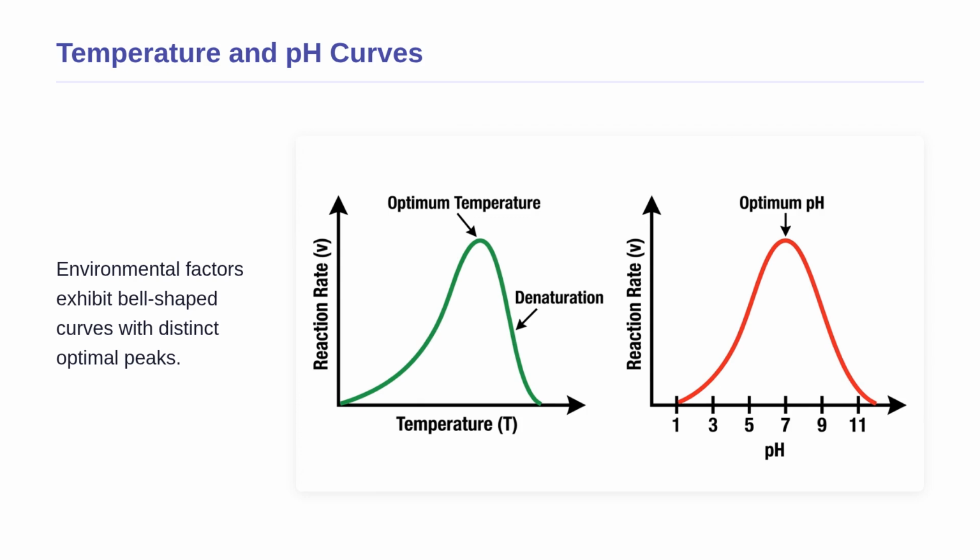On the right, the pH graph shows a symmetrical red bell curve. The peak represents the optimum pH, where the enzyme's active site is perfectly shaped. Moving too far left into acidic territory or too far right into basic territory causes the reaction rate to decrease as the enzyme loses its proper electrical charges.